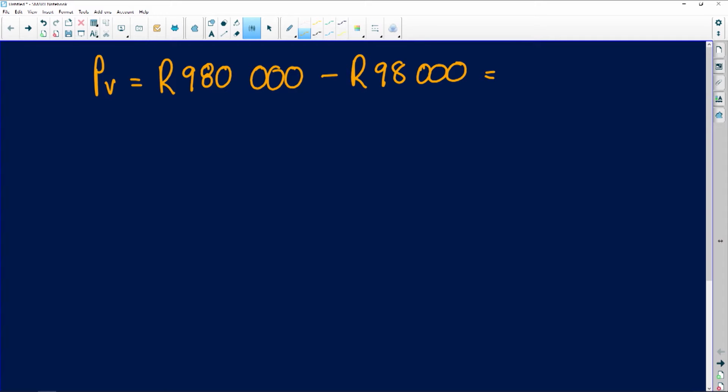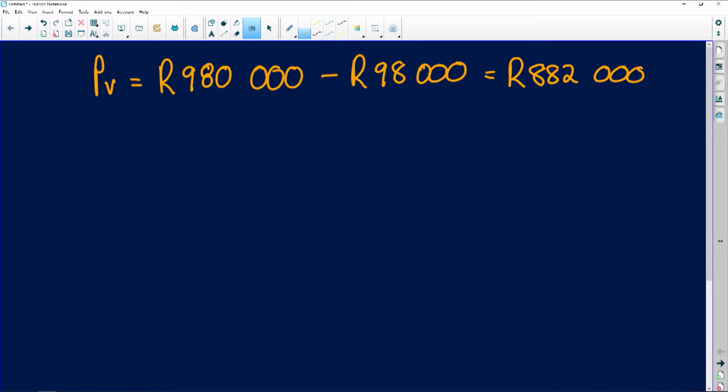That leaves you with a loan that you need to go and apply for of 882,000 Rand. It's the purchase price minus the deposit. And that was the first question, 8.1. How much money did Thabo borrow from the bank?